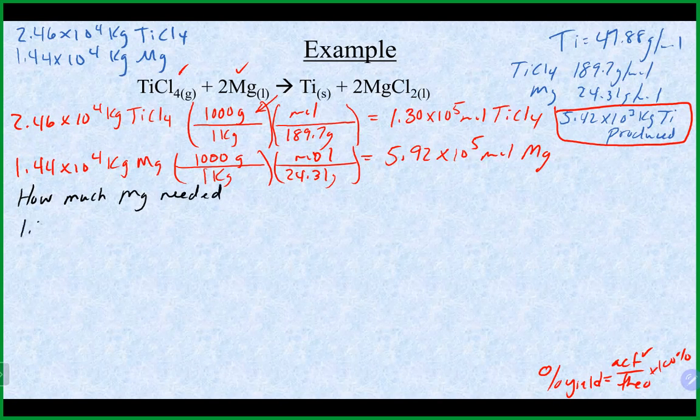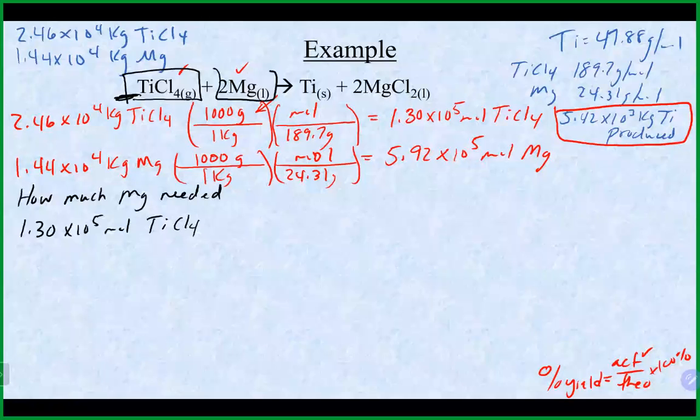So starting with my starting amount of TiCl4, from the balanced equation, it is 1 mole, which is the coefficient, to 2 moles, the coefficient for magnesium. So we're going to use the stoichiometry here to do that.